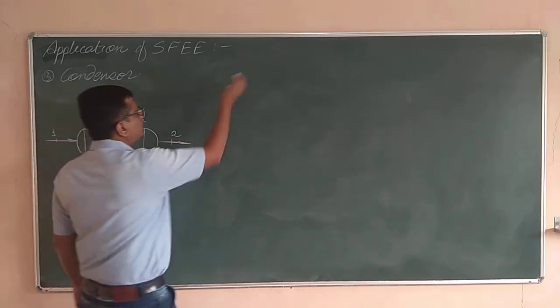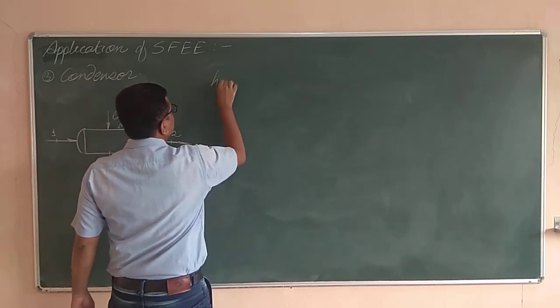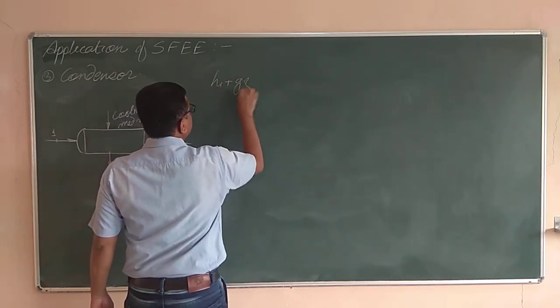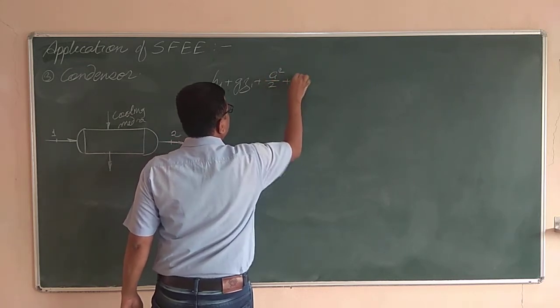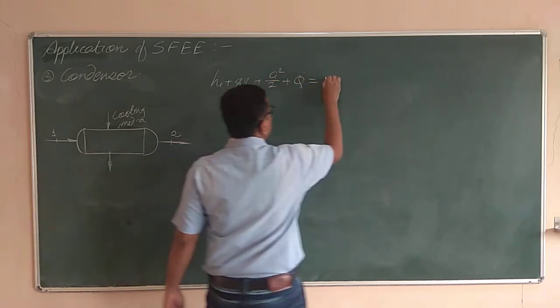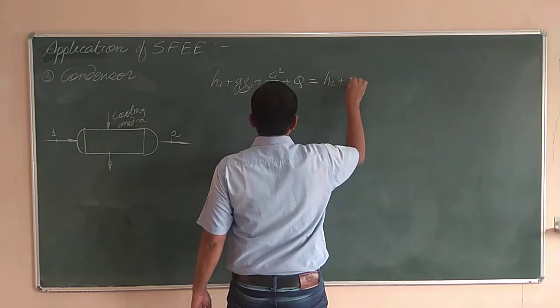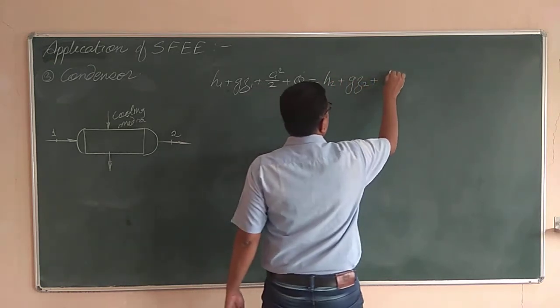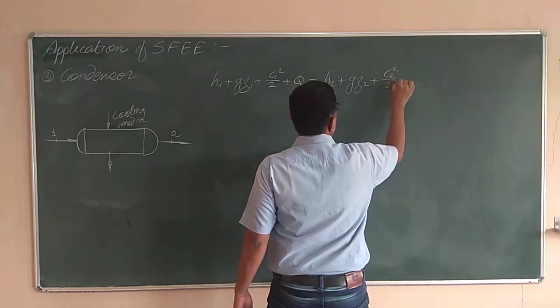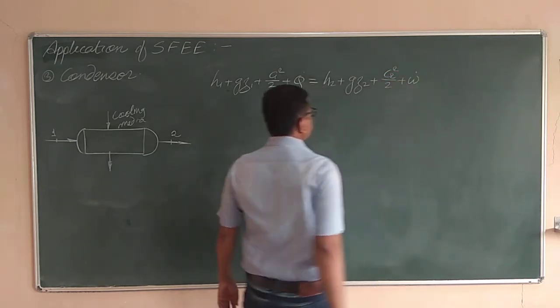Now let us see the steady flow energy equation: H1 plus gZ1 plus C1 square by 2 plus Q dot is equal to H2 plus gZ2 plus C2 square by 2 plus W dot.